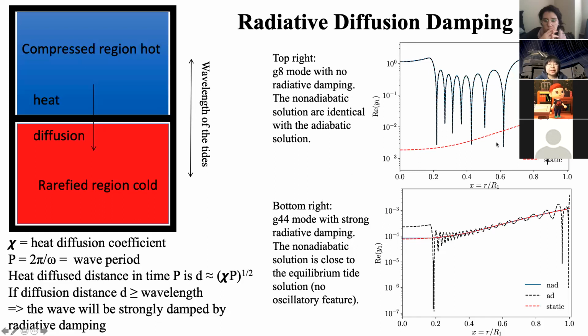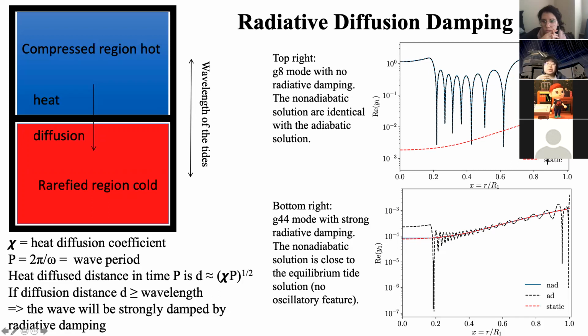All right, the top right figure shows the radial displacement as a function of radius. This is an example of a weakly damped low-order gravity wave. The adiabatic response is the black dashed line, the non-adiabatic response is in blue, and the equilibrium tide response is the red dashed line.